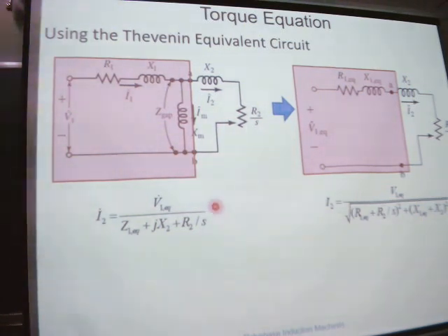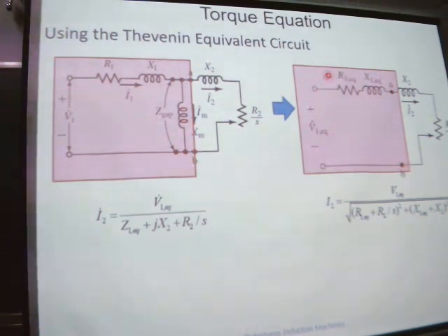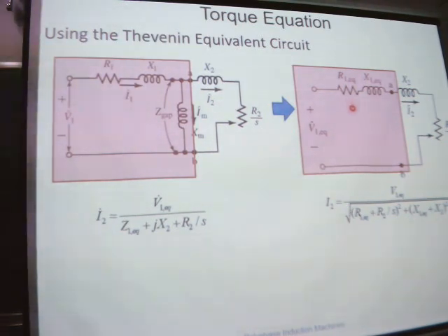We just see this complicated circuit as a Thevenin circuit, with impedance as resistance and reactance. So it's equivalent. Here we can calculate the rotor current with this equation.